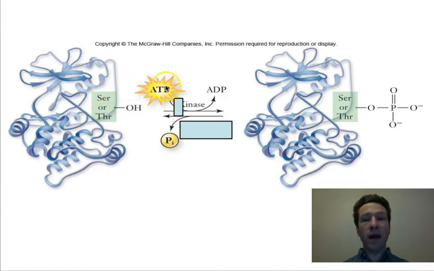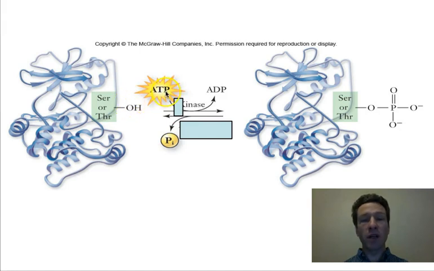Now, going back to the original direction up here, note that this was not an inorganic phosphate that got added to our protein. Instead, the phosphate group was donated by ATP. This is because adding the phosphate group requires energy, and the inorganic phosphate does not have enough energy to be added.